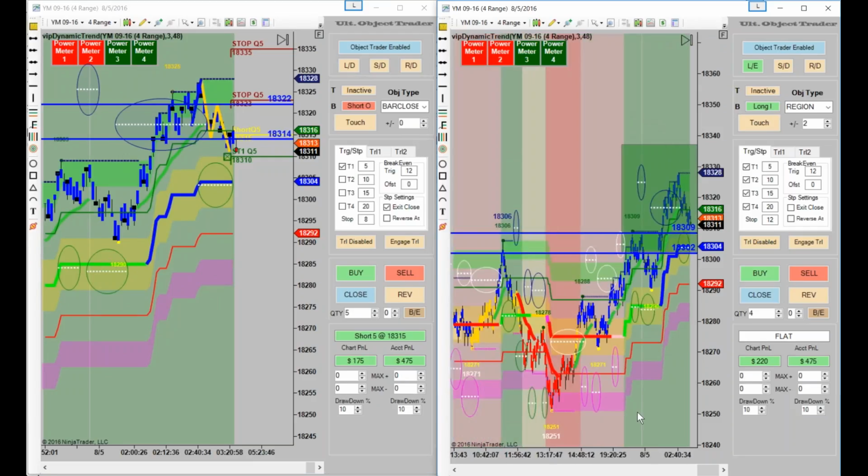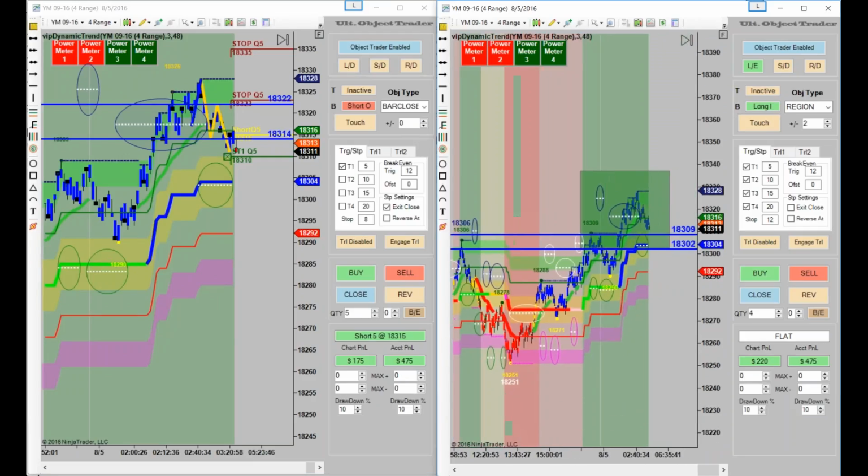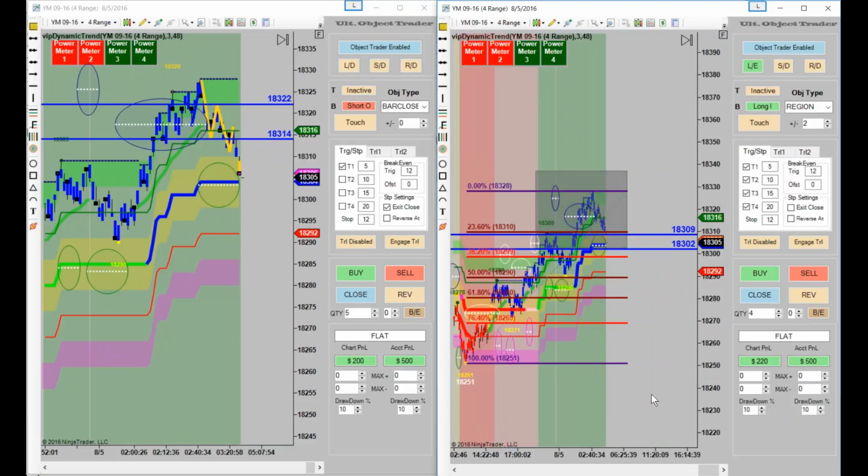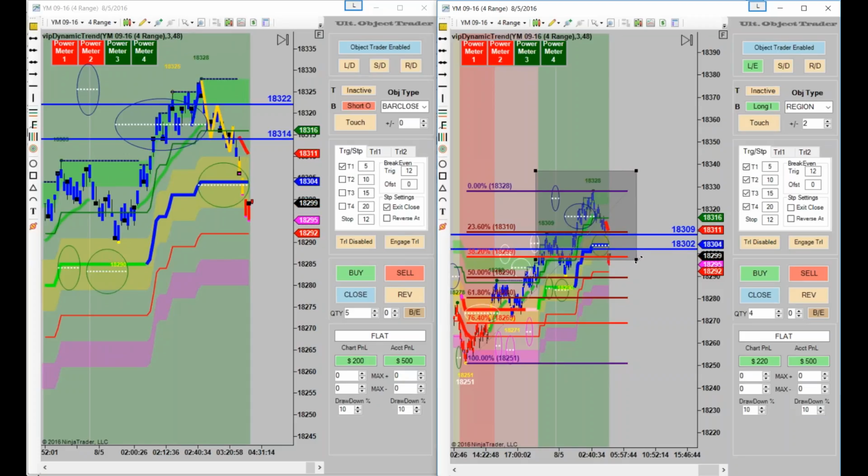Let's look and see what our fib number is on this also, just real quick. It's going to go at least to 38%. And there's your 50. So I'm going to move my box to 38. Matter of fact, that's probably it. There's 38 right there. And then we'll turn it back on.